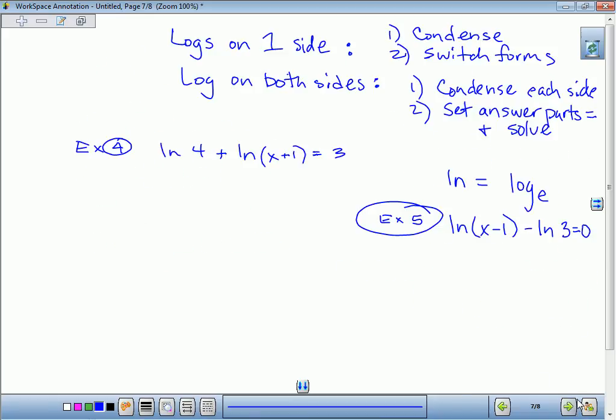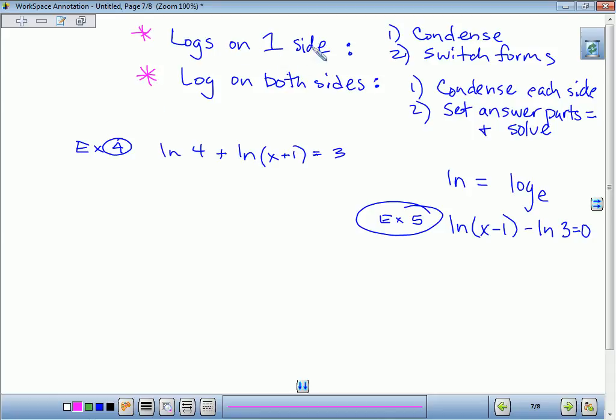All right. Now, this is where we started to struggle on our last test. So, I want to remind you of the rules here because the rules are not going to change. We have two situations when we're dealing with equations that have logs.